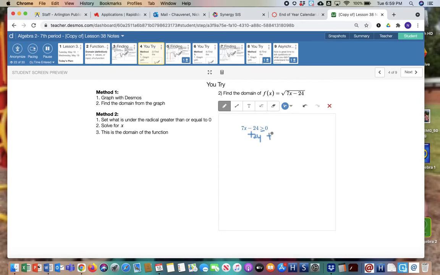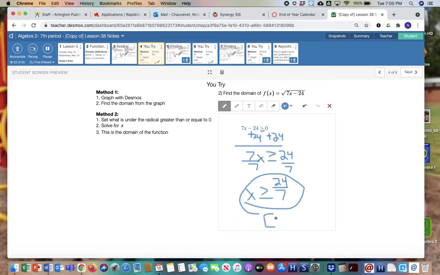I add 24 to both sides, and I get 7x greater than or equal to 24. Then I divide by 7 on both sides, so I get x greater than or equal to 24 over 7. So we could say bracket, 24 over 7, comma, and then to infinity with a parenthesis.